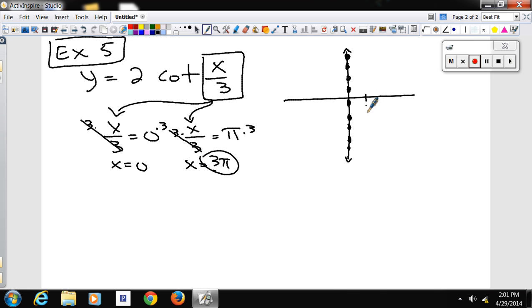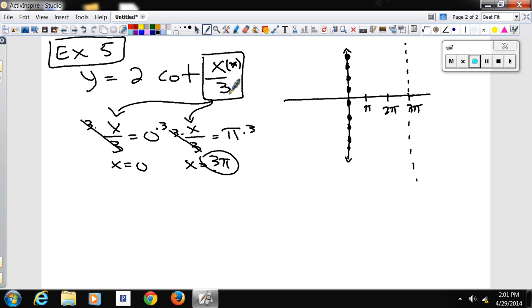So you're going to go 1 pi, 2 pi, 3 pi, and make a dotted line. Now let's just test it. Let's see if that's really undefined or not. Let's take 3 pi and plug it in for my x number. So what would 3 pi divided by 3 equal?